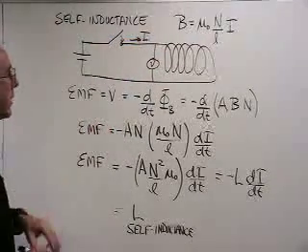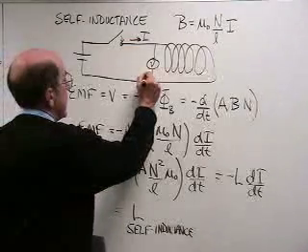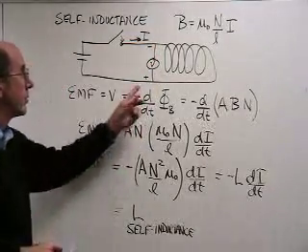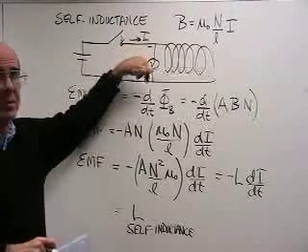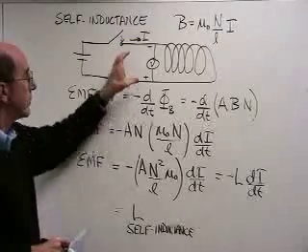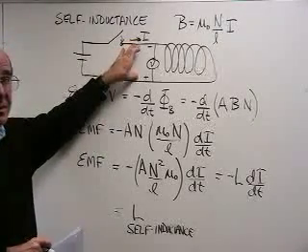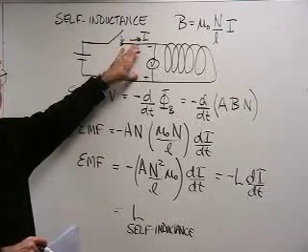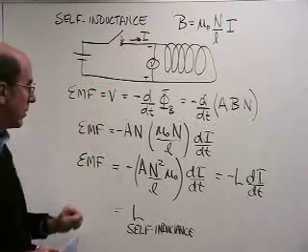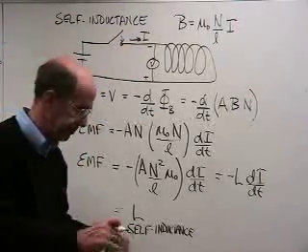The way you would do that would be to have this act like the plus end and this the minus end, and we'd have a potential difference that goes against the direction the current would normally flow. That is in addition to the potential drop due to the IR loss, the resistive loss in that wire. Okay.